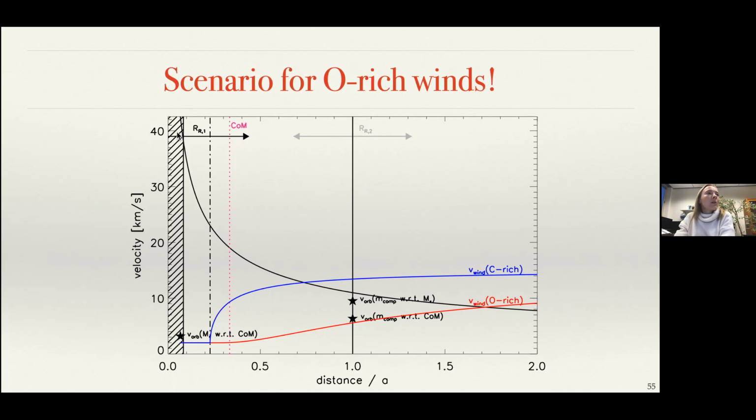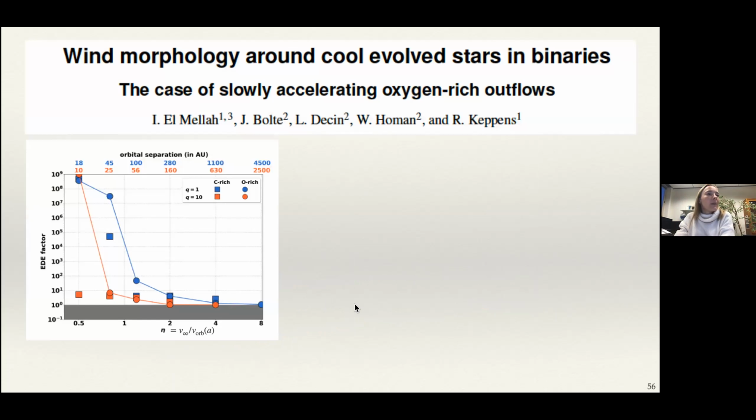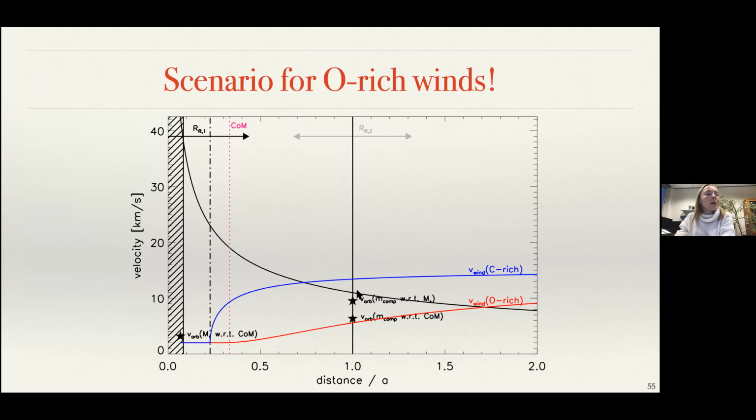But if you then compare that with the escape velocity in black, and with values of the orbital velocity, you can see that this blue one, the carbon-rich, these particles can much more easily escape since they have this large push from the photons.